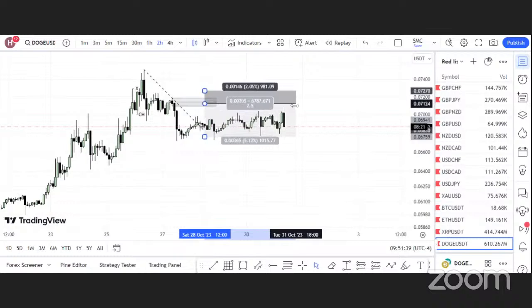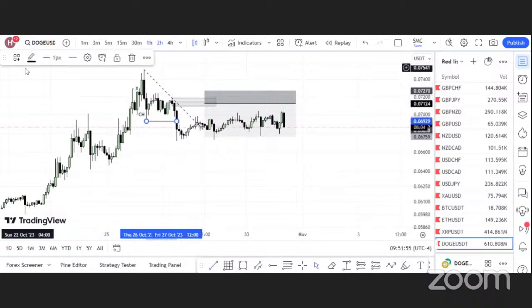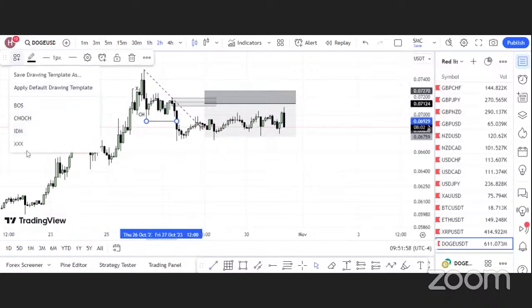Okay, so we have an entry that didn't get triggered also. Wow, these are beautiful trades, guys. See how beautiful my strategy is. Even though the market didn't get to my entry, I'm still proud of the strategy because it's doing wonders.